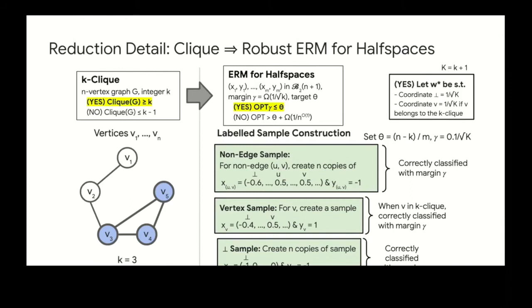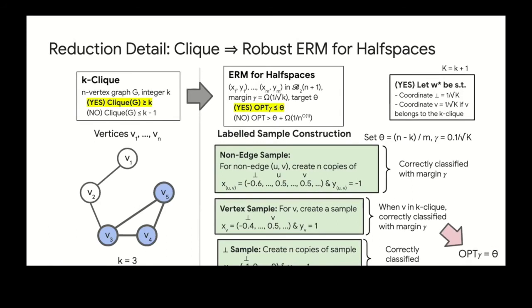In other words, in this setting, we misclassify exactly n minus k vertex samples, exactly those vertices that are not in our clique. So this means that our gamma margin error is exactly equal to theta. All right, so that's the yes case. Now we will move on to the no case.